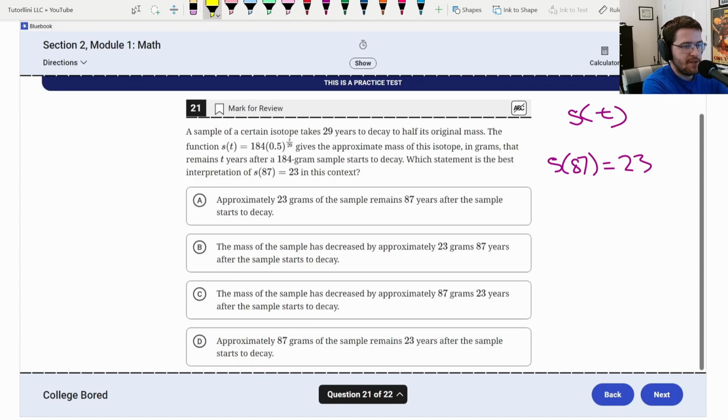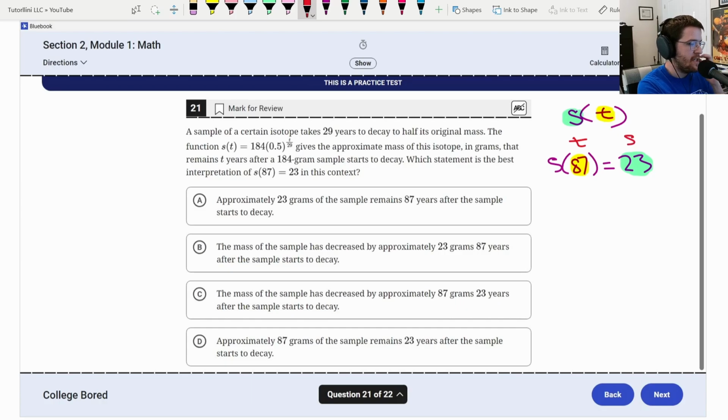So the letter inside the parentheses is the number inside the parentheses. So this guy is t. And then this letter outside the parentheses is the number over here. So see how it's kind of like a little bit of crisscross? So this guy is S.